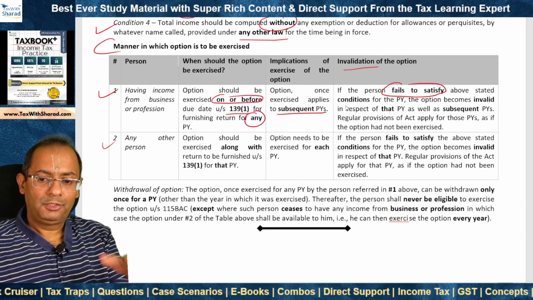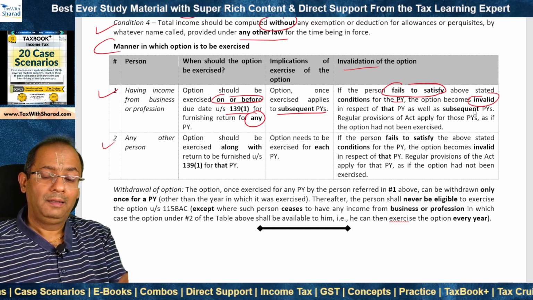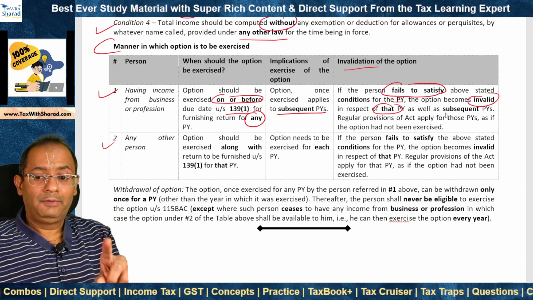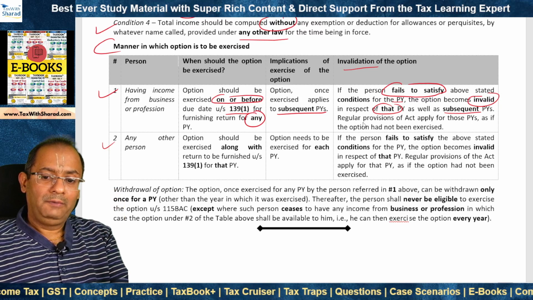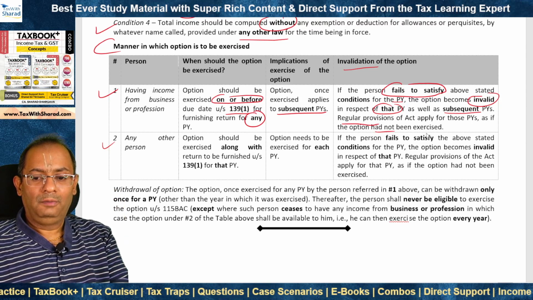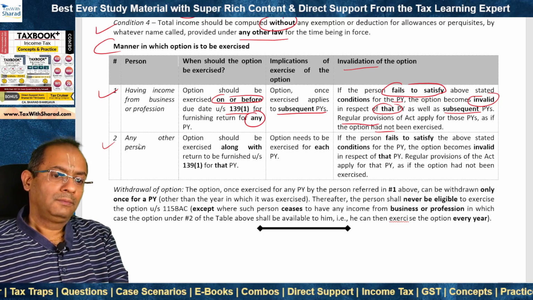If the person fails to satisfy them for a previous year, the option becomes invalid. For which previous year? For that previous year of default as well as for subsequent previous years. In that case, for all these previous years, the regular provisions of the Act apply as if the option had not been exercised, so the 115BSE benefit cannot be availed of.